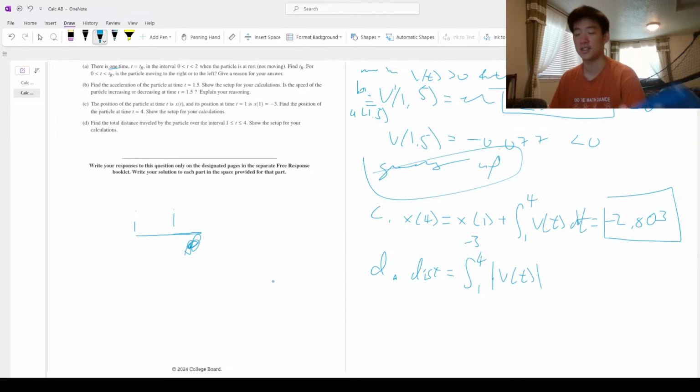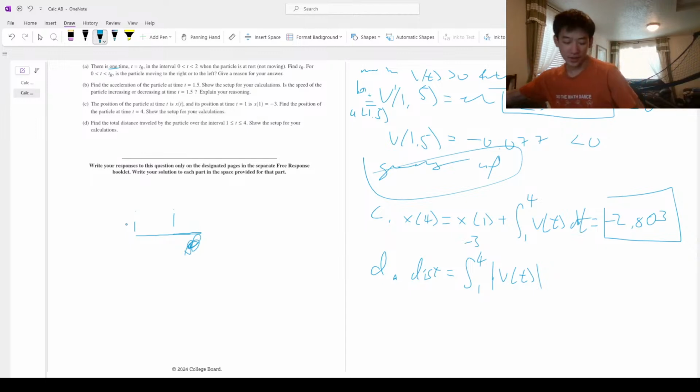So the total distance is different from displacement, because displacement is only final position minus initial, and displacement is a vector. Distance is a scalar. Distance is one of the only scalars that actually exist in real life, other than like charge or mass. You have to do the absolute value of the velocity, or you can split it up into two.